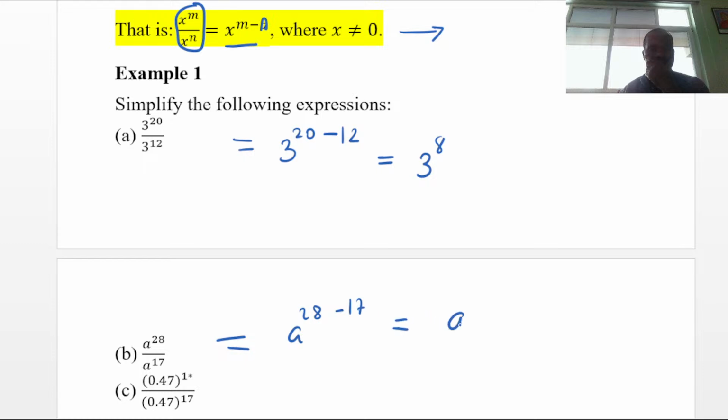This is going to be a power 11. Coming to this, it is 19 here, so this is going to be equal to 0.47 power 19 minus 17, and eventually we get 0.47 power 2, dear students.